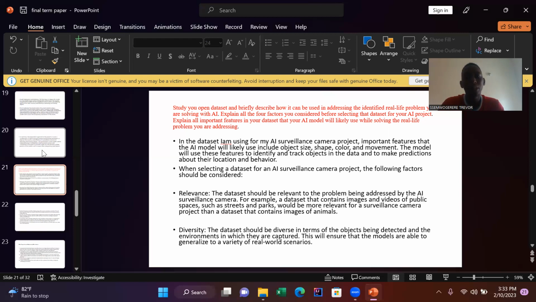When selecting a dataset for an AI surveillance camera project, the following factors should be considered. The relevance of the dataset: it should be relevant to the problem being addressed. Diversity: the dataset should be diverse in terms of objects being detected and the environments in which they are captured.